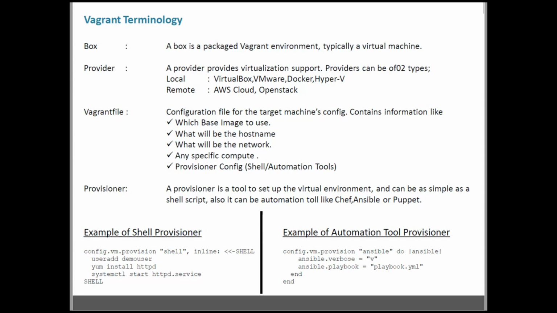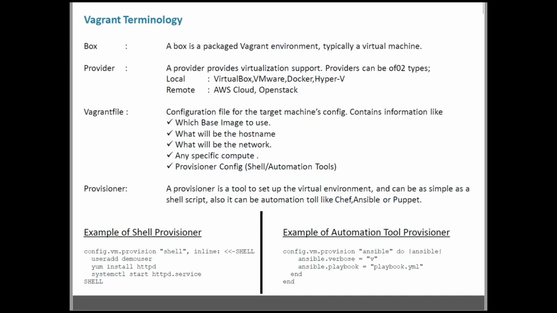When I say compute requirement, it means if you want to define your virtual machine with a particular amount of CPU power, let's say 1 CPU or 2 CPUs, or a particular amount of RAM, 1 GB, 2 GB, 3 GB, as per your requirement. So you can control the compute in the Vagrantfile. And the provisioner config. So these are the settings which are defined in the Vagrantfile.